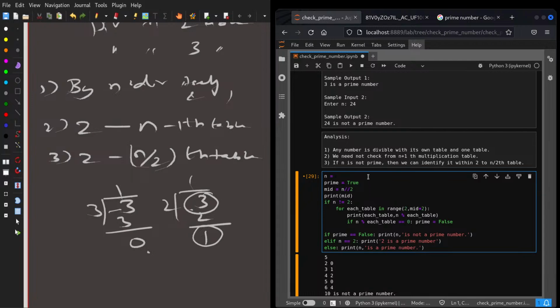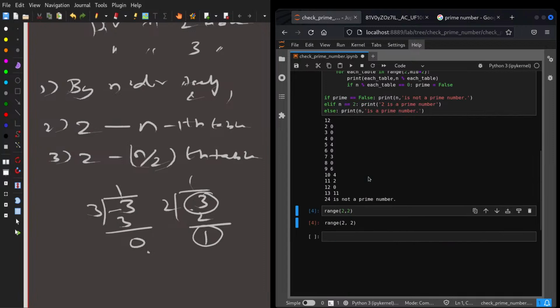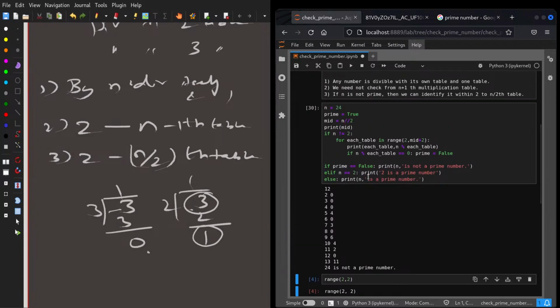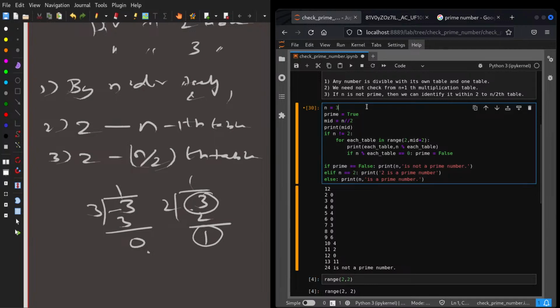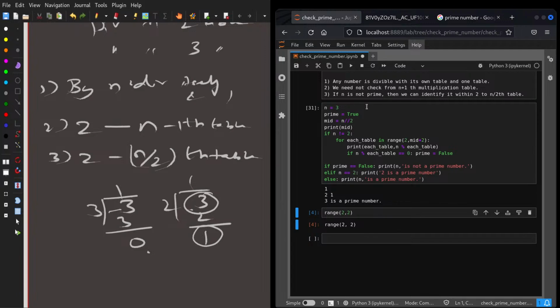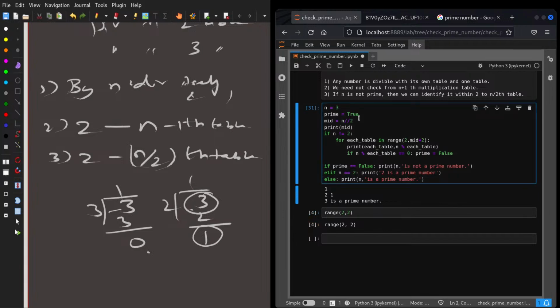But now let's check the time complexity of our code. What's the time complexity of the code? The time complexity is around n by 2. Okay, let's reduce one more thing.